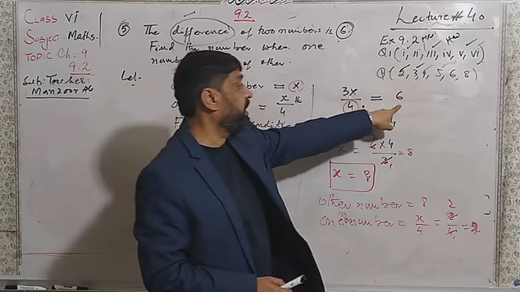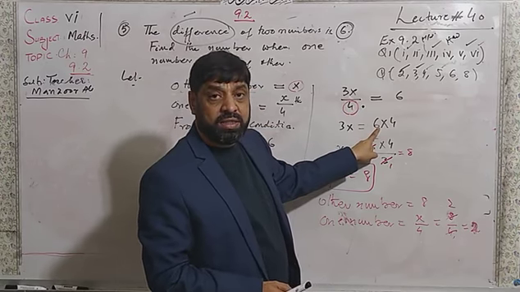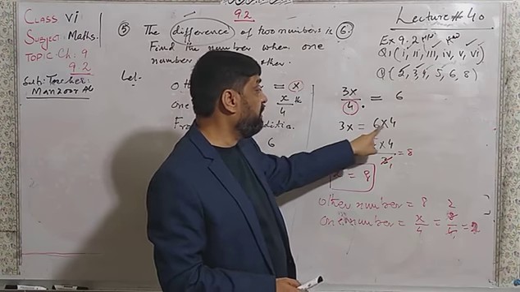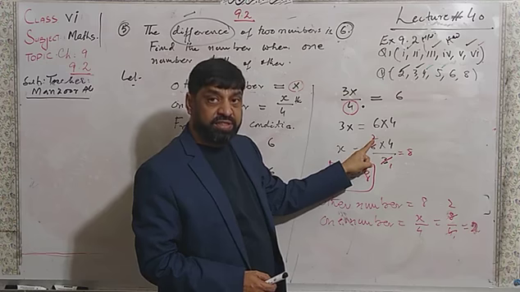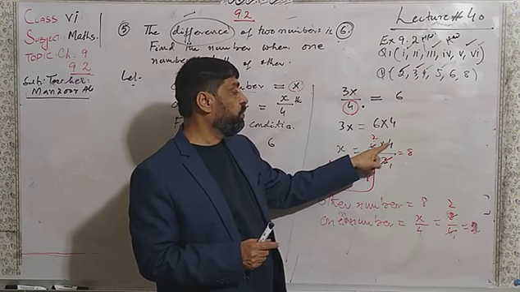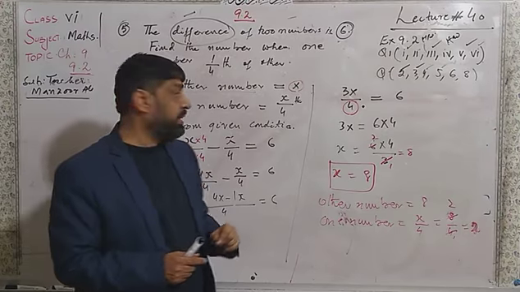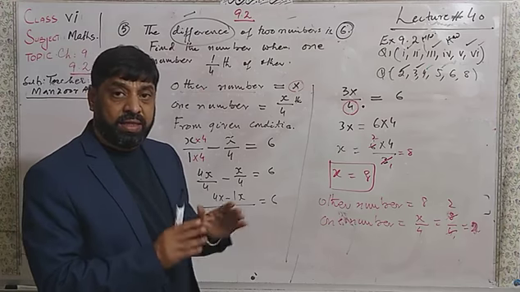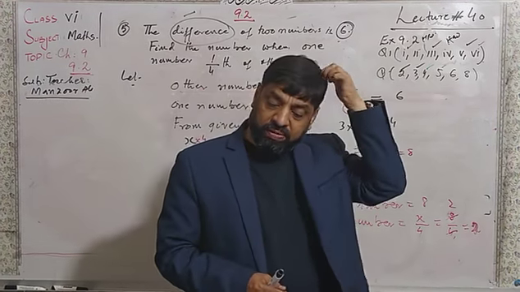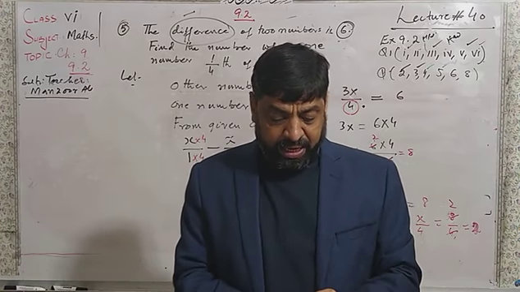Shift the 4 here; from division, it will be changed into multiplication. 3x equals 6 times 4, so x equals 24 divided by 3, which is 8. Now x is equal to 8, and x is representing the other number. Then 1/4 of 8 will be 2, and the difference of both will be 6.